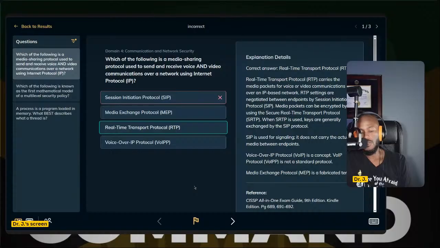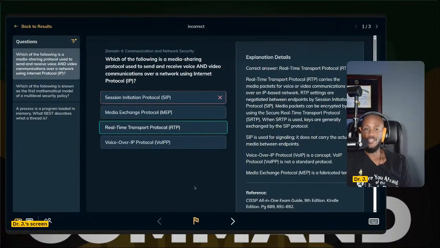I know my weakness right now, as far as domains, is domain four. Yeah, that's my weakest domain right now that I'm trying to shore up. But yeah, you're doing pretty well. Thank you.